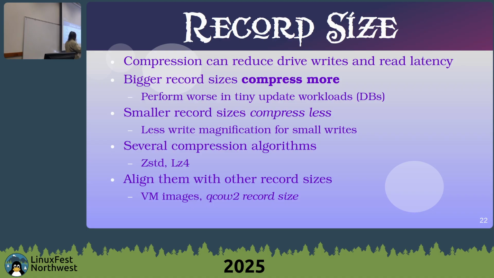For workloads that are mostly static and compressible, 1 megabyte record sizes are great. But if you were to use a VM on a one megabyte record size, every time you want to change something in that megabyte, you read the megabyte, change your 4K sector, and write the megabyte. So you want to match your record size with your compression goals and your IOP goals.